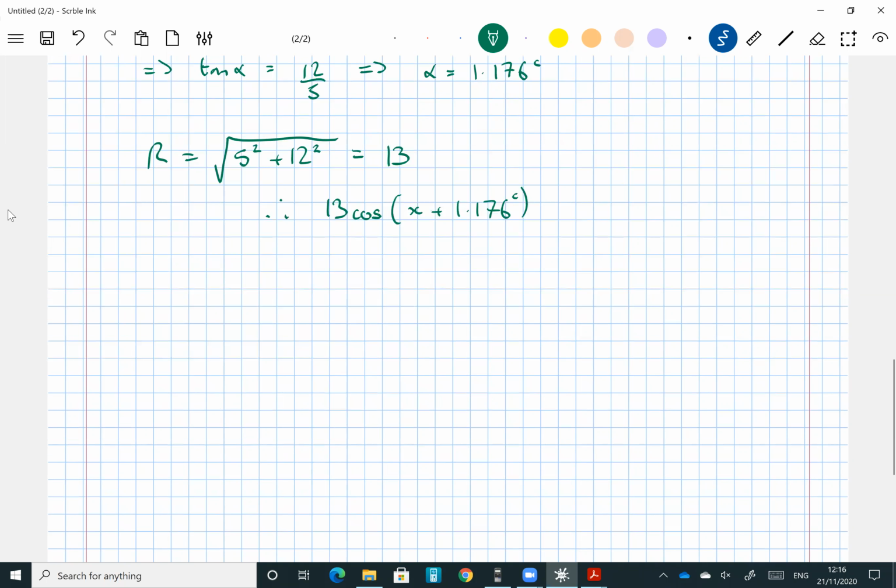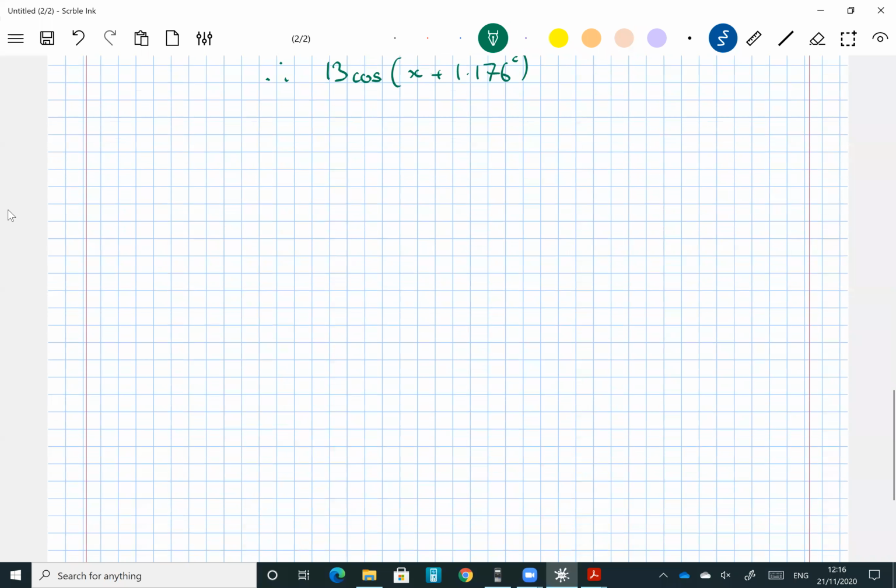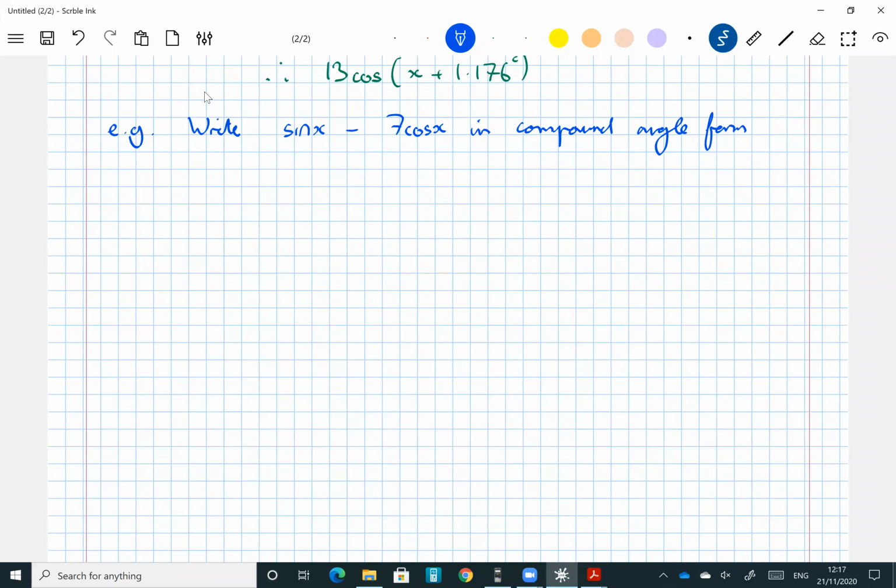So if we were now to do another, let's just say for example, write sine x take 7 cos x in compound angle form, using radians, where r is bigger than 0.